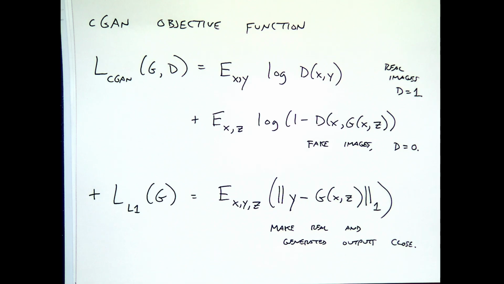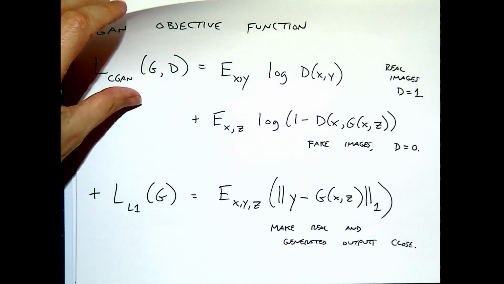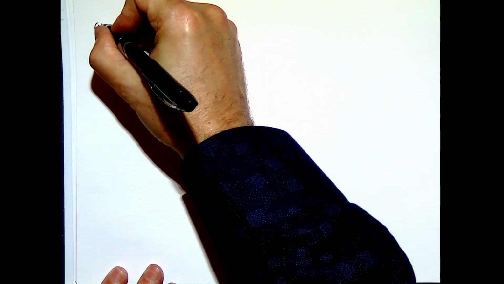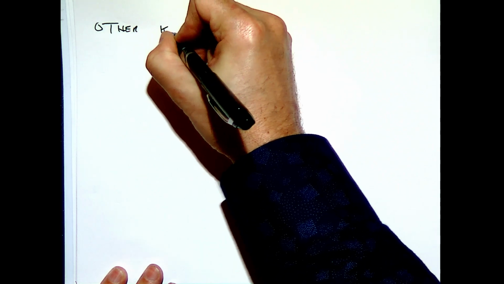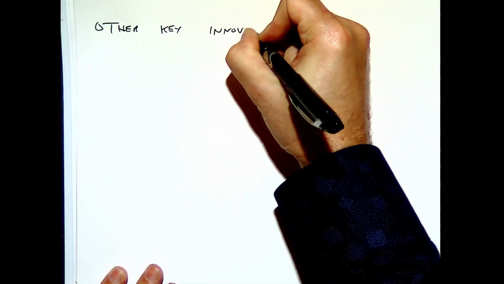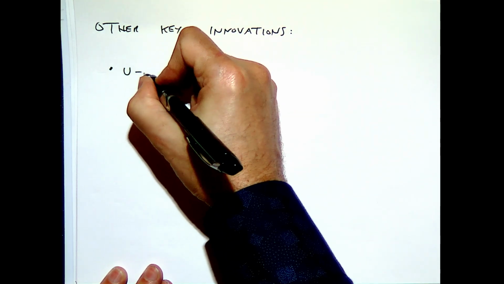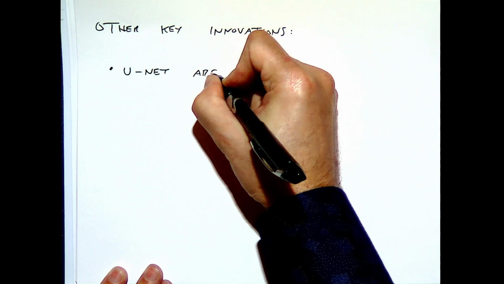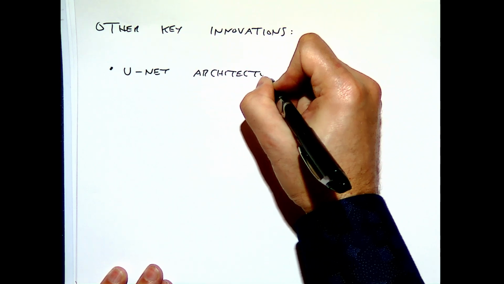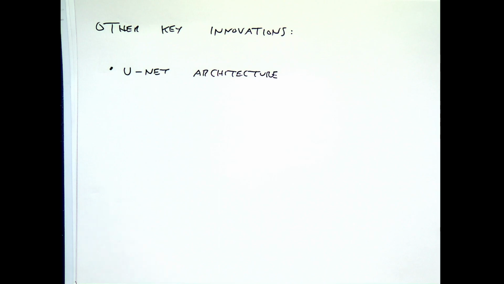And so there were a few other under-the-hood architectural innovations in Pix2Pix that also propagated into the literature. One key thing that was important here, and honestly, I don't think this was the first place to do it, is one of the uses of what's called the UNet architecture, which you may have heard of if you ever looked at Stable Diffusion and stuff like that, which also uses a UNet.